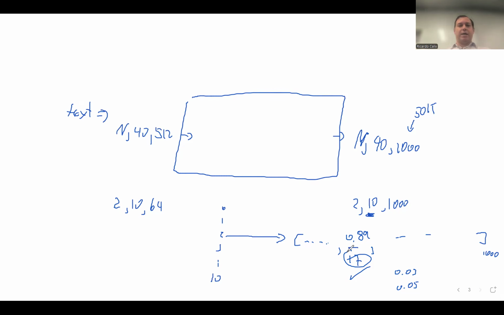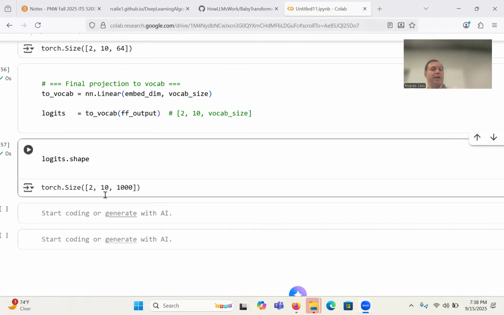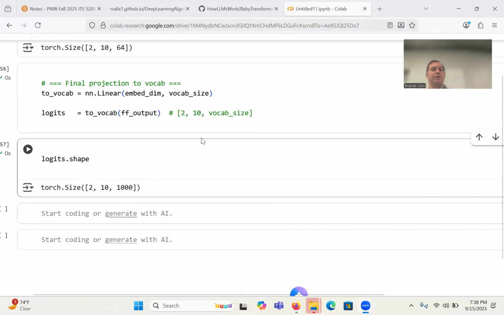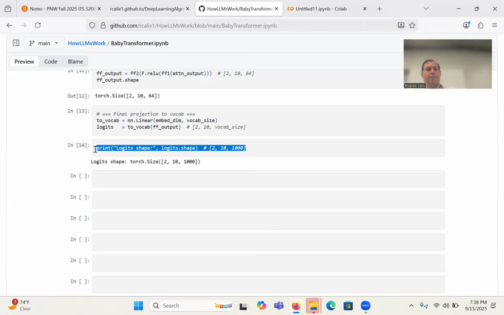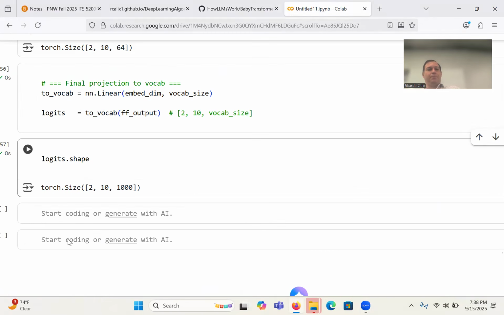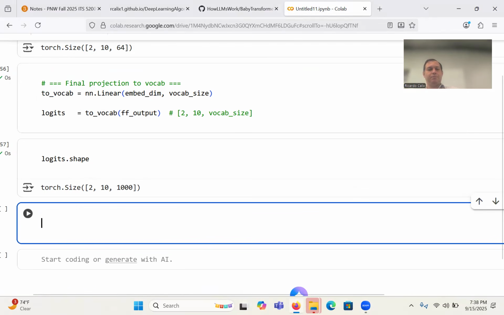Yeah, so let's go back to here. All right, so we know for sure we got a tensor of 2 by 10 by 1,000. I just need to print the shape.